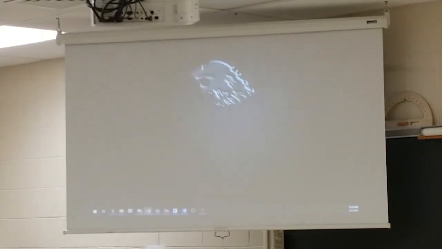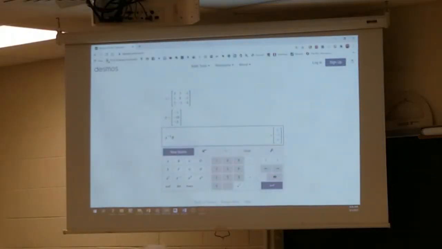Now, do you remember how we looked at this the other day, and have you used it since then? It's desmos.com/matrix. It's probably a place that you'll be going a few more times in the next week or so.